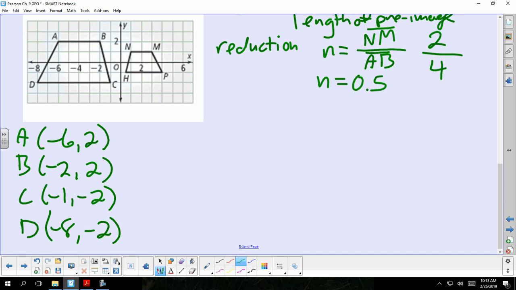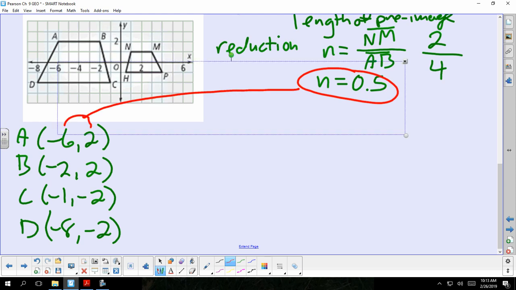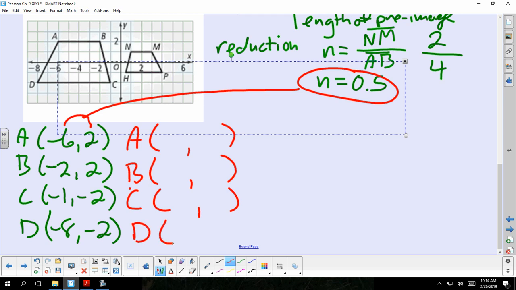Once I have each of those, I can multiply them all by the scale factor. This will give me ABCD reduced.